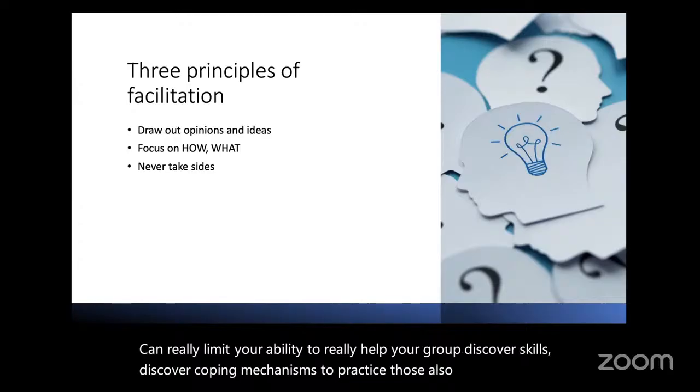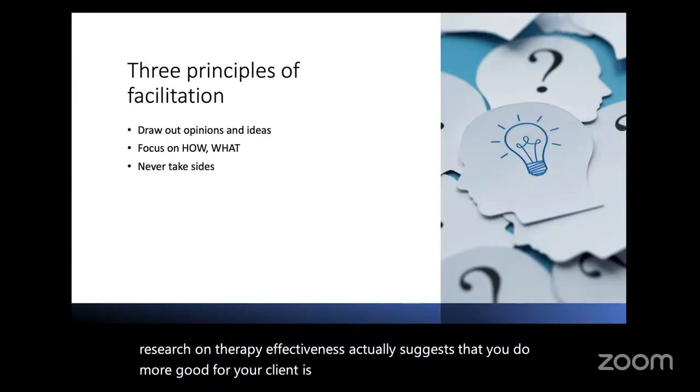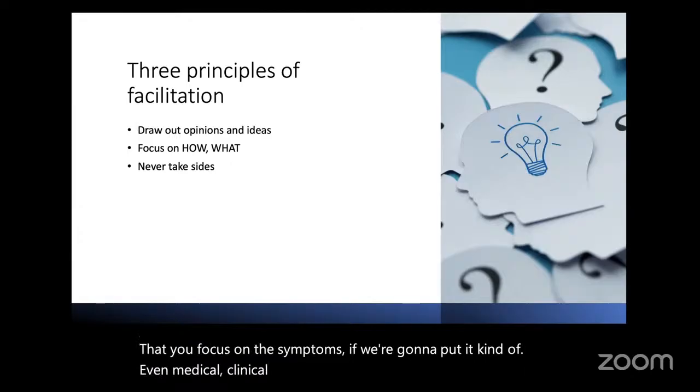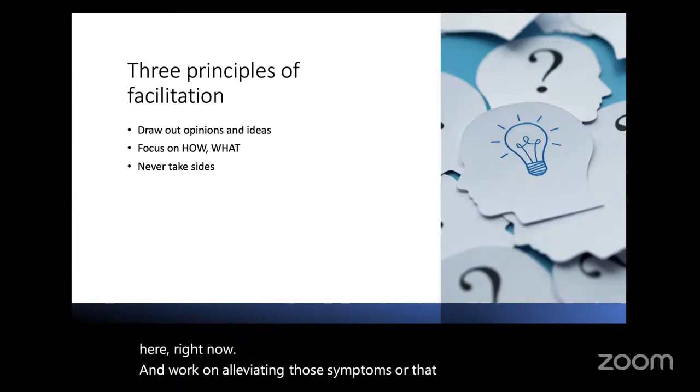Also, current research on therapy effectiveness suggests that you do more good for your client if you focus on the how and what right now, meaning that you focus on the symptoms, if we put it in medical clinical terms, and how they're experienced right here, right now, and work on alleviating those symptoms or that person's issues in the current time.